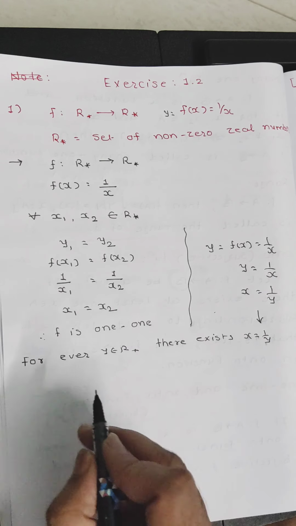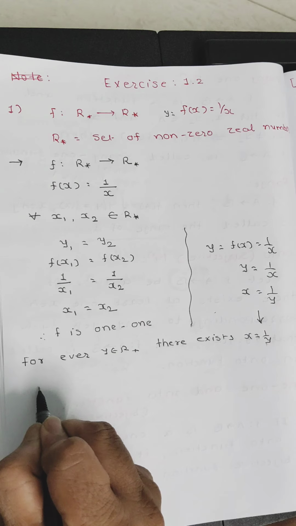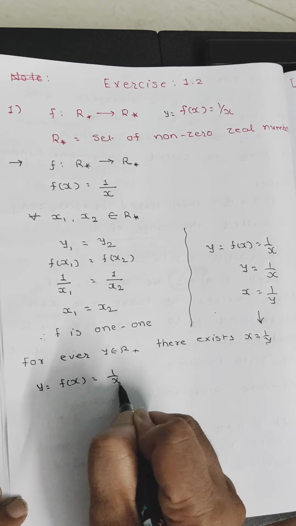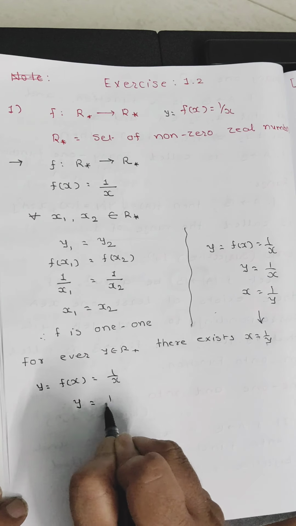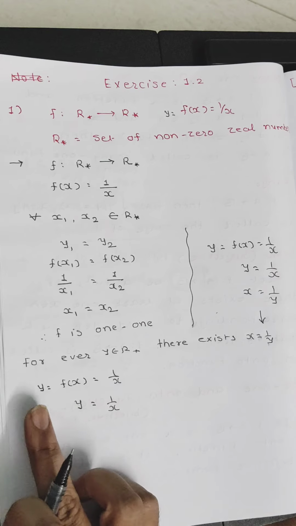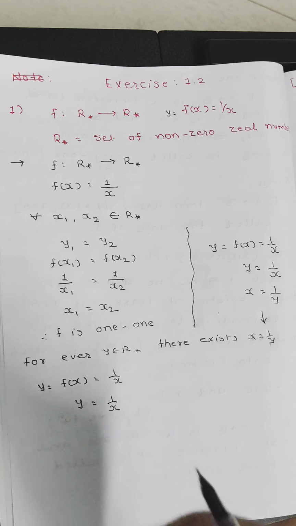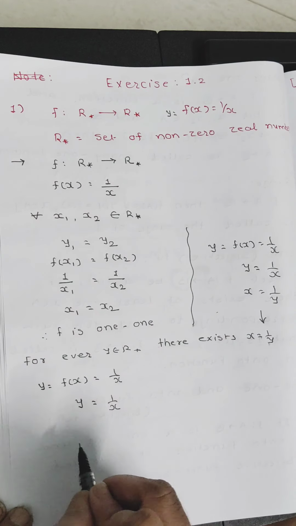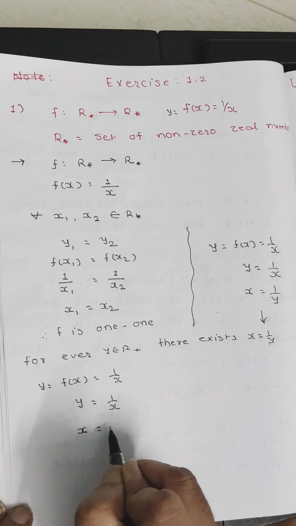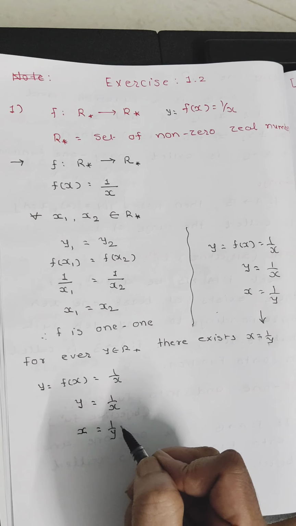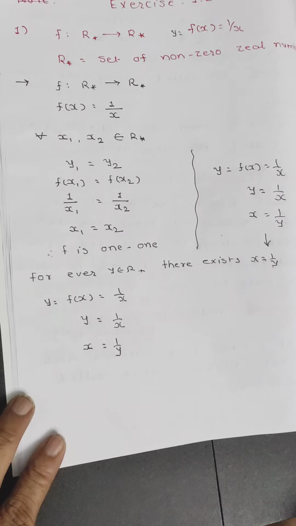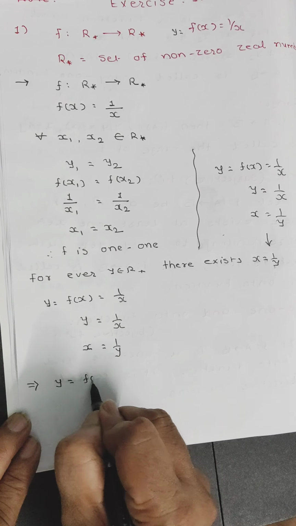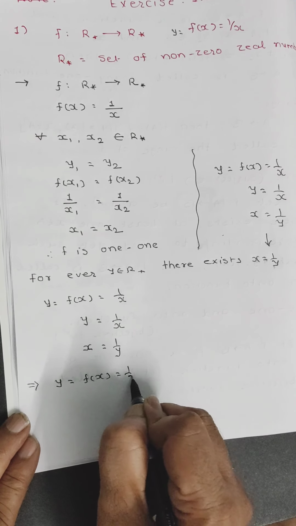So first I have written like that. y is equal to f(x) is equal to 1 upon x, means y is equal to 1 upon x. Here the subject was y. If you want to prove onto, then make the subject another variable in which the function is there, means I have to make x the subject. So x is equal to 1 upon y. Now we are aware that y is equal to f(x) is equal to 1 upon x.